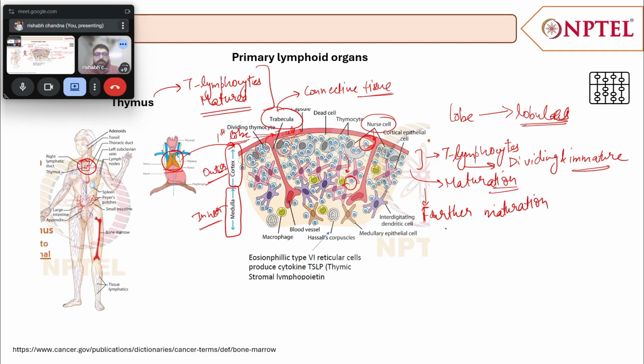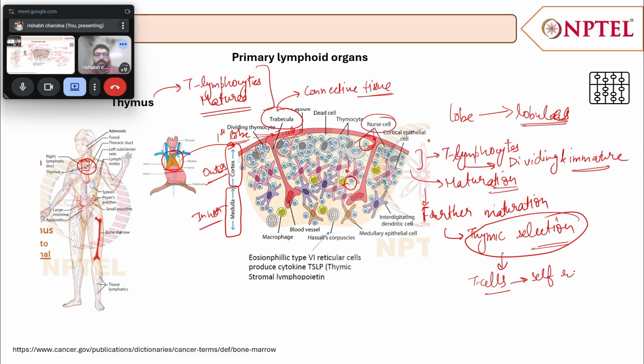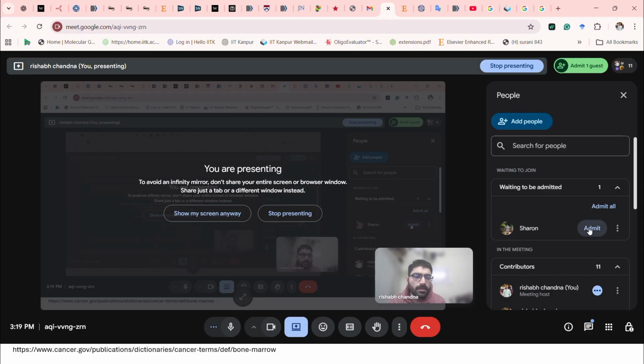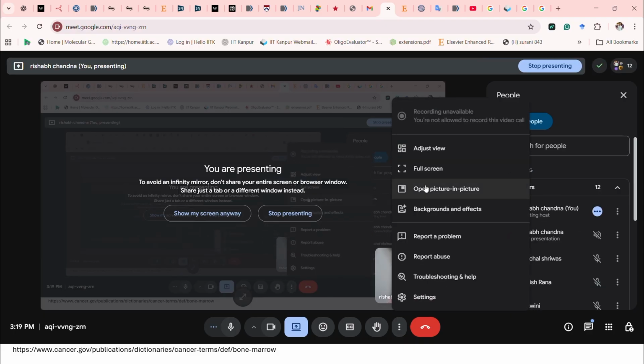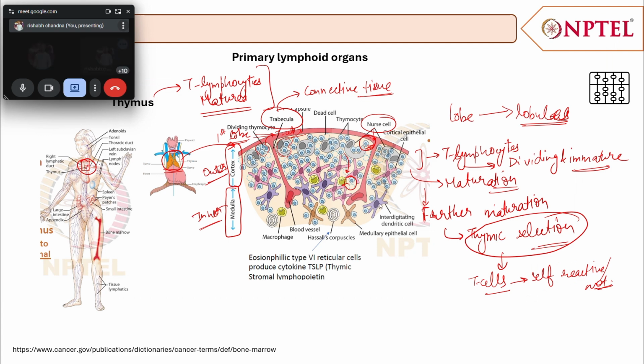and then the thymic selection. This thymic selection will help the thymus to understand whether the T cells are self reactive or not. So in the medulla, this thymic selection actually gets completed.